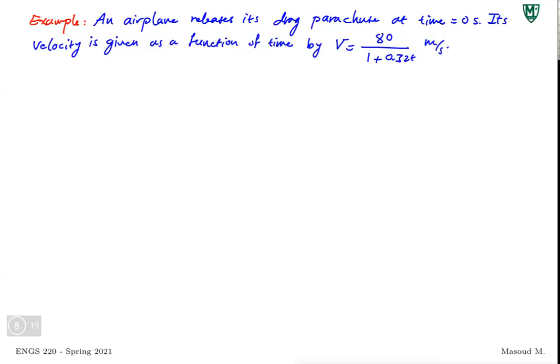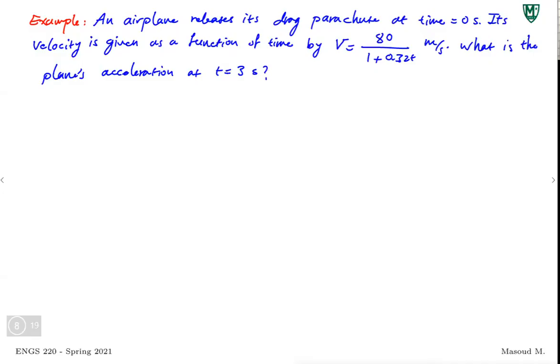Now the question is, what is the plane's acceleration at t equals 3 seconds? After 3 seconds of motion?